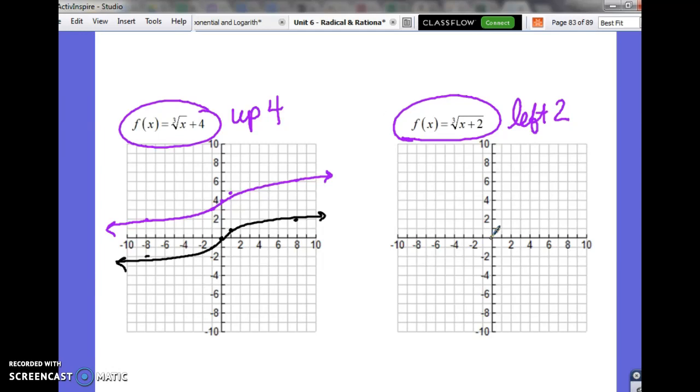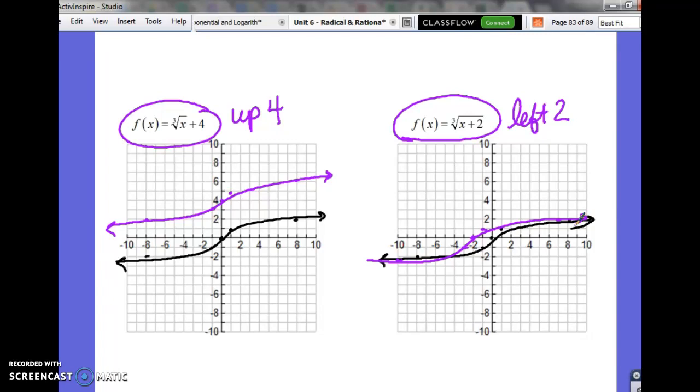So if I get the original again back on my graph, and then shift those points left 2, so that point will go there, just shifting everything to the left 2. That curve moves, but that's really all that changes.